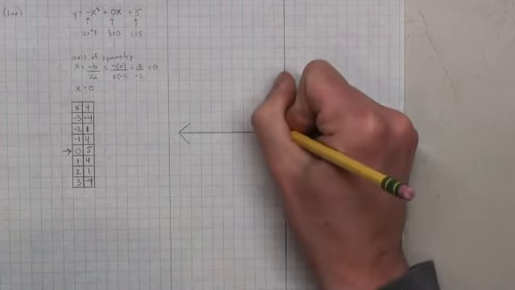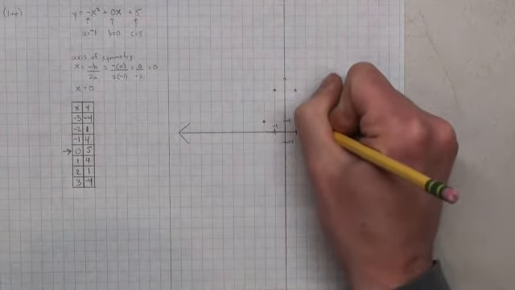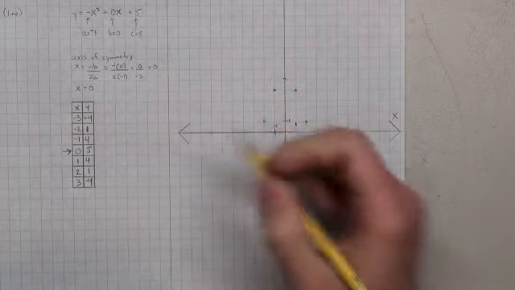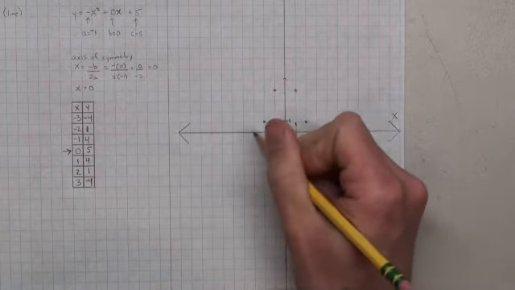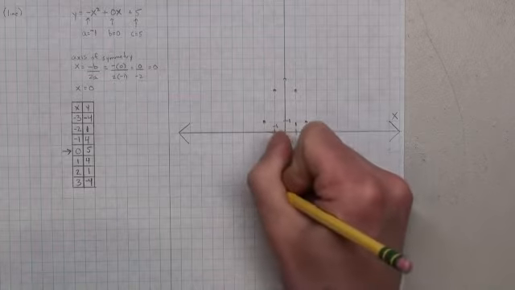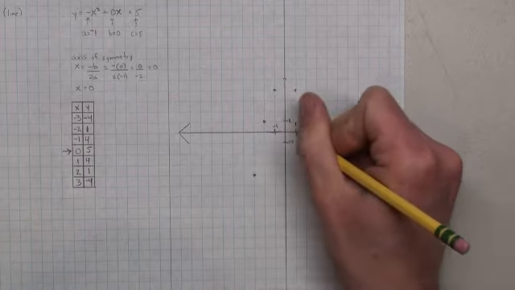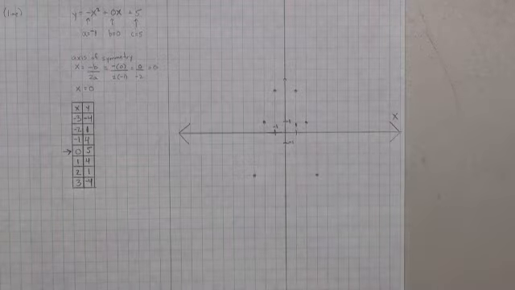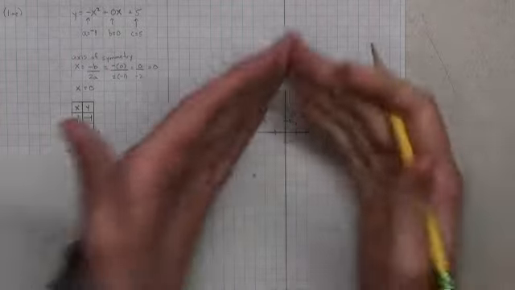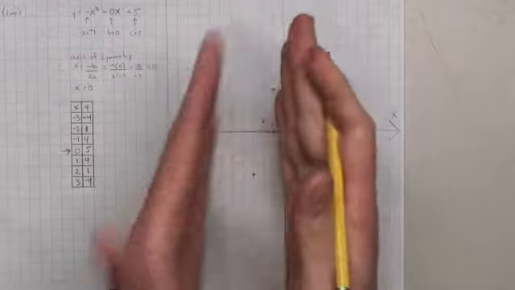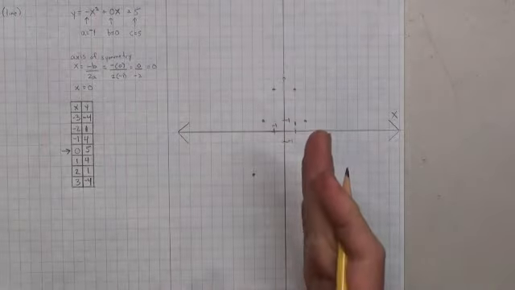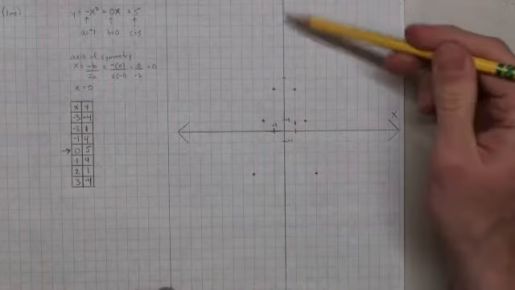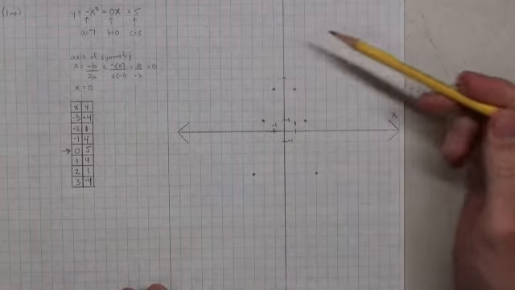Then I have negative 3, negative 4 and 3, negative 4. Okay? You see how it's symmetrical about that axis of symmetry, which is the line x equals 0, which is also known as the y-axis.